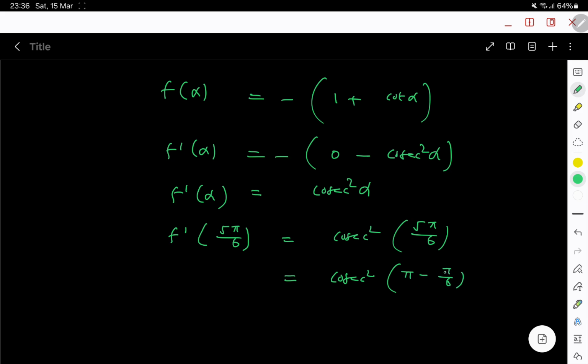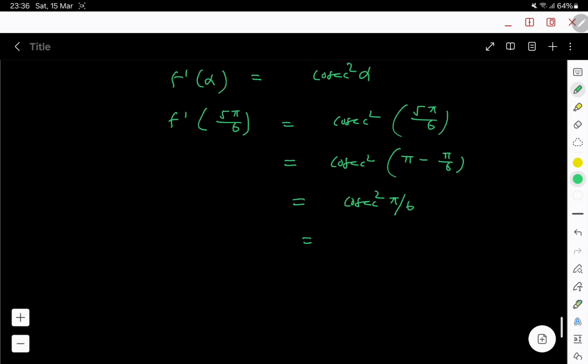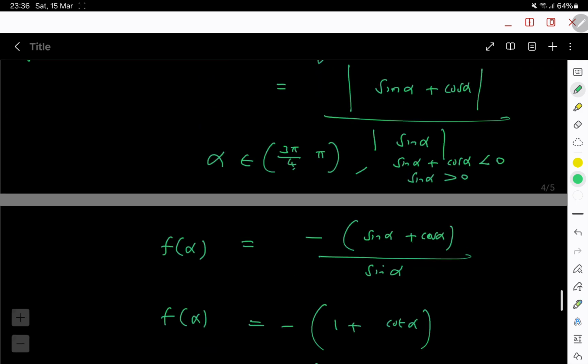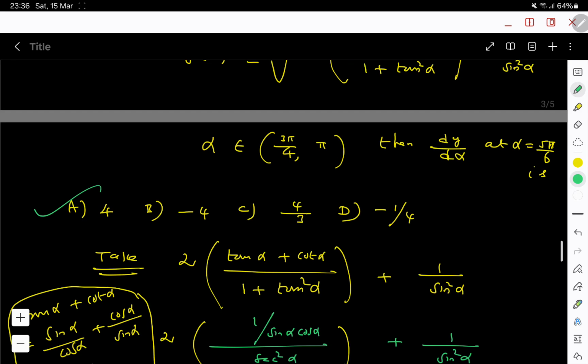So 180 minus theta comes in the second quadrant, where the cosecant is positive, so cosecant square pi by 6. That is 2 square, that is 4. Okay, the correct option is 4.